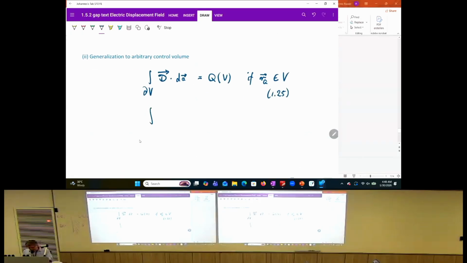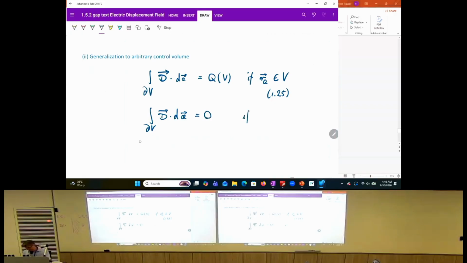On the other hand, if you take an integration over the surface of that control volume, in the scenario where there's no charge enclosed by or within this control volume, then you obtain 0.